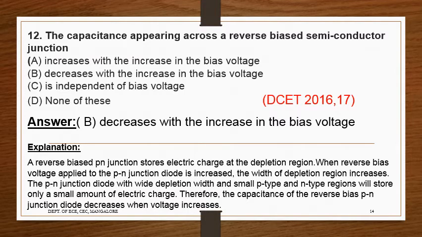Reverse bias of the PN junction directly has a say on the depletion region. So when the width of the depletion region increases, the PN junction diode capacitance, or the barrier capacitance, will decrease.